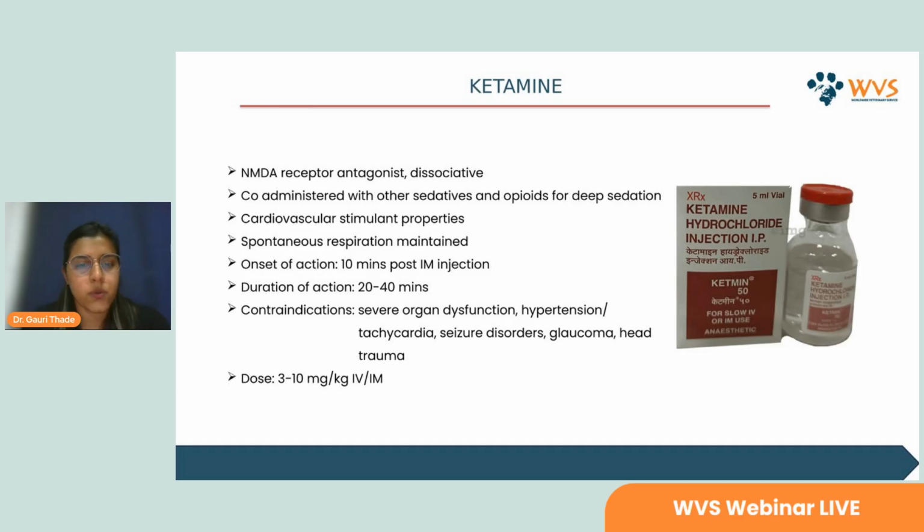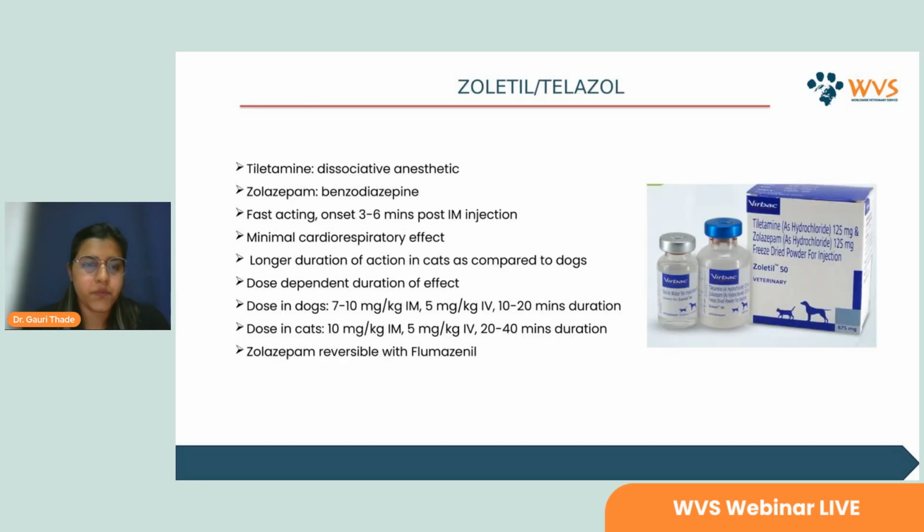Duration is up to 20 to 40 minutes. It is contraindicated in severe organ dysfunction, or if the animal is already hypertensive or tachycardic. If it is epileptic, if there is glaucoma or head trauma, it will increase the intracranial and intraocular pressure. So it is contraindicated in those conditions. A dose is around 3 to 10 mg per kg IV or IM.